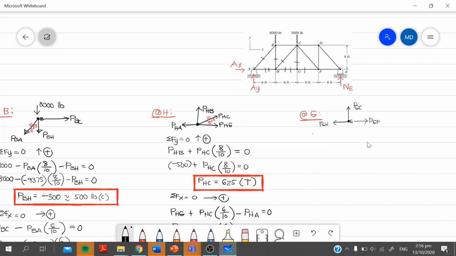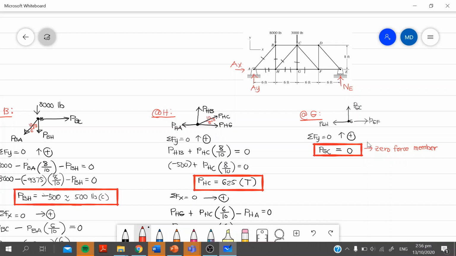Okay, so sum up forces vertical, upward forces positive. So, meron bang ibang past horizontal vertical force? Wala na, force GC lang. So, 0. So, ibig sabihin, force GC is just 0. Or what we call as zero force member. Meaning, wala siya force na gina-sustain.